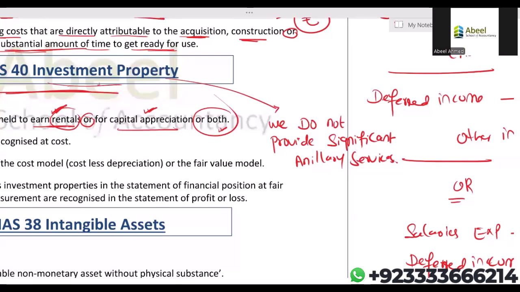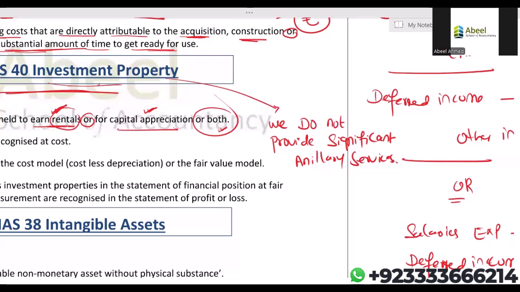So it means that in case of hotel properties, we do get rental income, but in hotel properties, we apply IAS 16 property, plant and equipment. Why are we applying IAS 16 on the rental income of hotel properties? Because we provide them significant ancillary services.